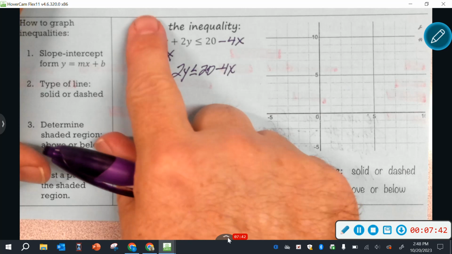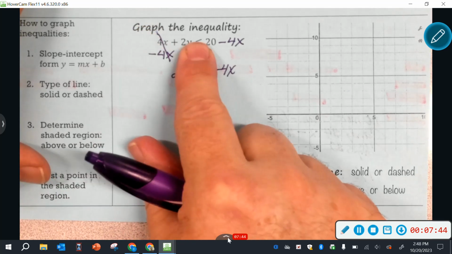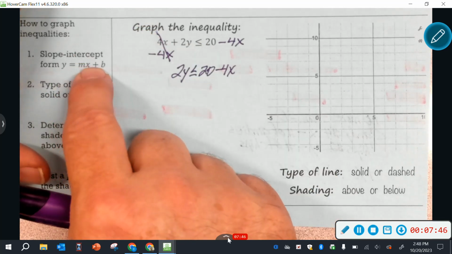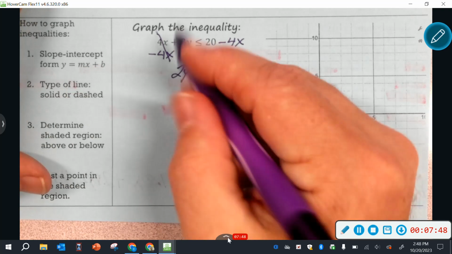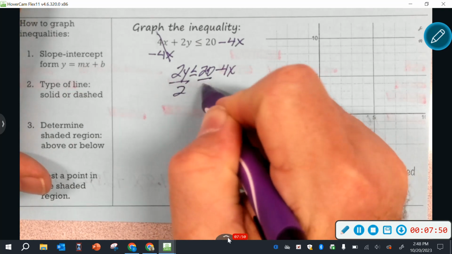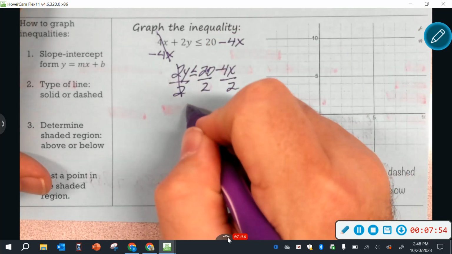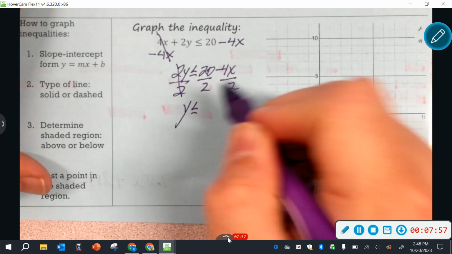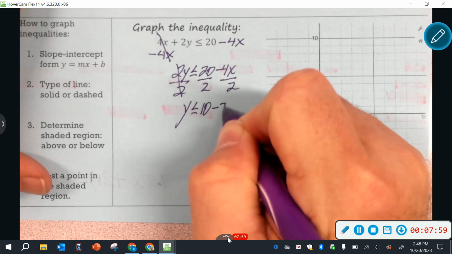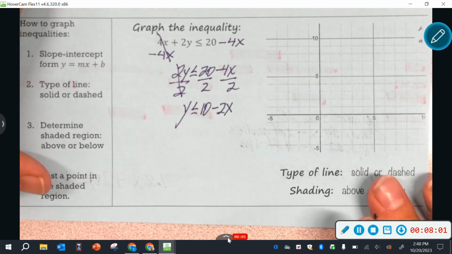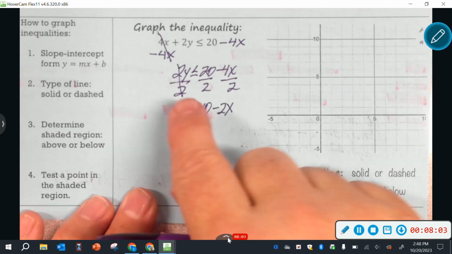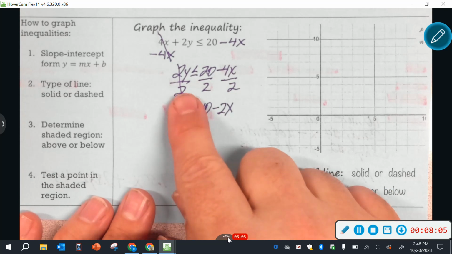Now remember, we're trying to graph this inequality. So our first step here is to get it into slope-intercept form. So now we want to divide everything by 2. So this is going to cancel, and that's going to give us y less than or equal to 10 minus 2x. Okay? Alright, so I have it in slope-intercept form.